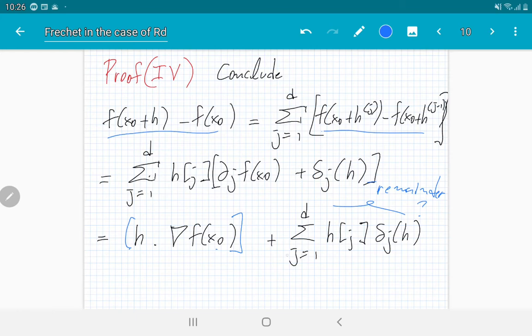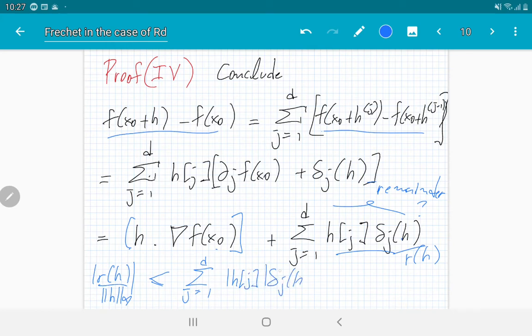What happens with this term here when I divide by the infinity norm of h? Well, let me just notice that it's a sum of d terms. So I'm just going to say it's a sum from j equals 1 to d of absolute value of h sub j, delta j of h, over the infinity norm of h.